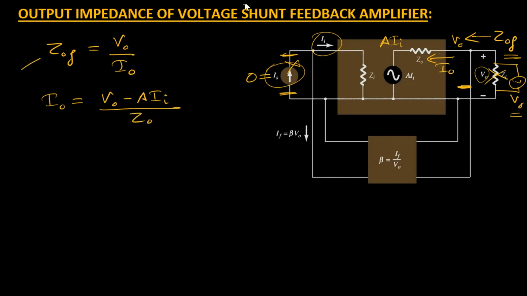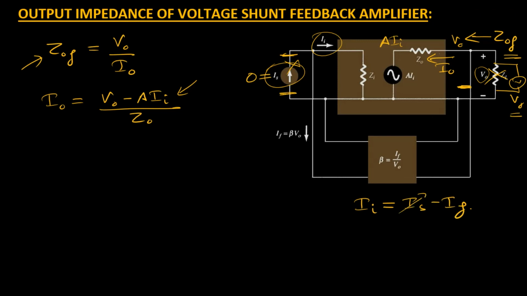Now as we are trying to obtain the output impedance parameter, I'll try to convert all the parameters in this equation to output parameters. So let us try to replace this Ii. Ii is the output of the mixer, so we can write it as Is minus If.